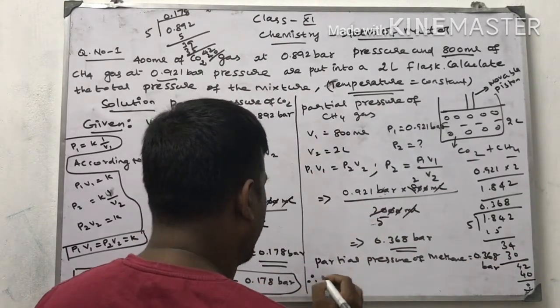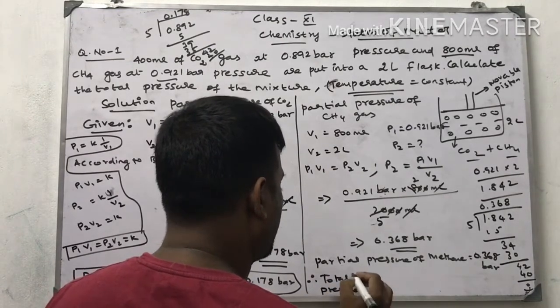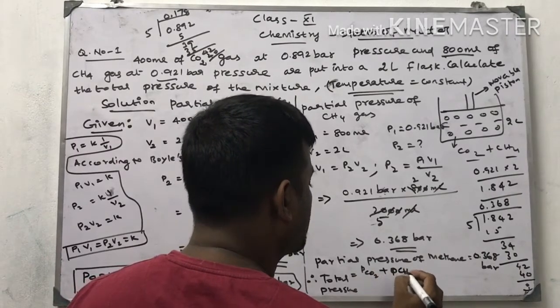Now I am going to find the total pressure. Total pressure is equal to PCO2 plus PCH4.